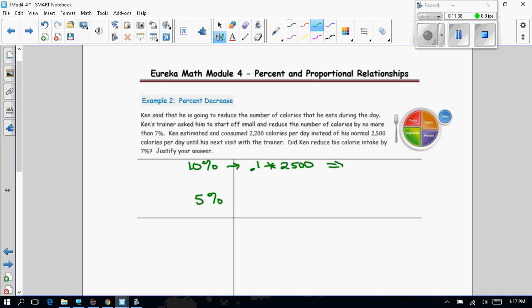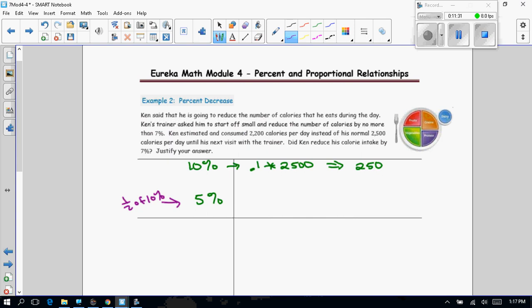So 10% means he should reduce his intake by 250. Okay, that's 10%. Well, 5% is half of 10%, right? 5 is half of 10.